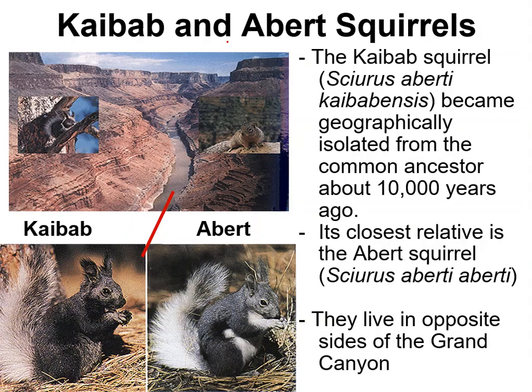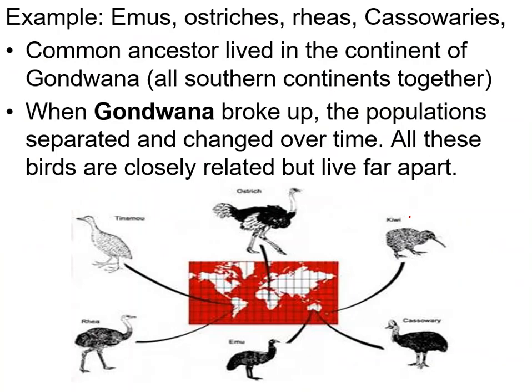Here are some examples. Two types of squirrels in the Grand Canyon have speciated in this manner, the Kaibab and the Abert on either side. I'm going to keep going. You can either pause and look at this on your own or not. Another example is the group of birds that includes the ostrich, the emu, the cassowary, which are vicious birds, and the kiwi, which are separated by oceans as a result of plate tectonics.